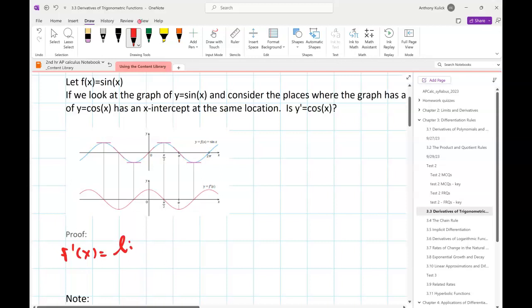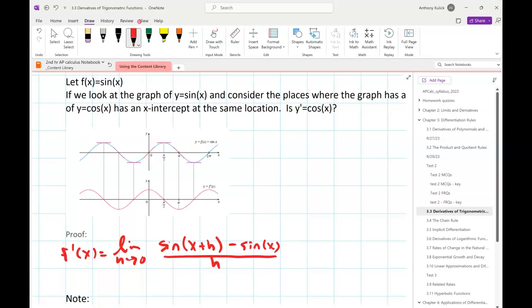So we should say the limit as h approaches 0 of sine of x plus h minus sine of x over h. Again, that definition of a derivative is one of those things we just expect you to have from here on out. We've done it a bunch of times. It's something we need to have memorized.